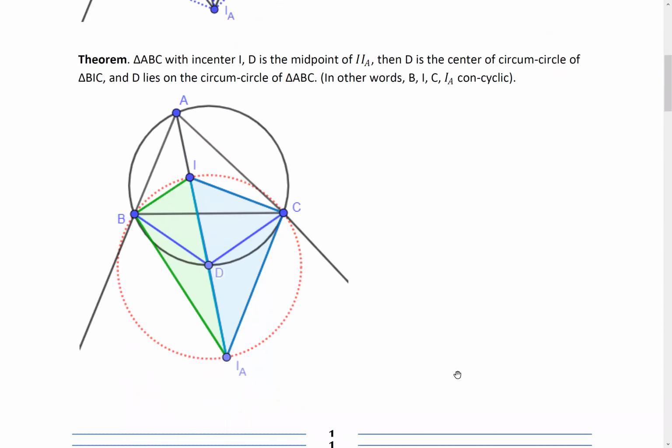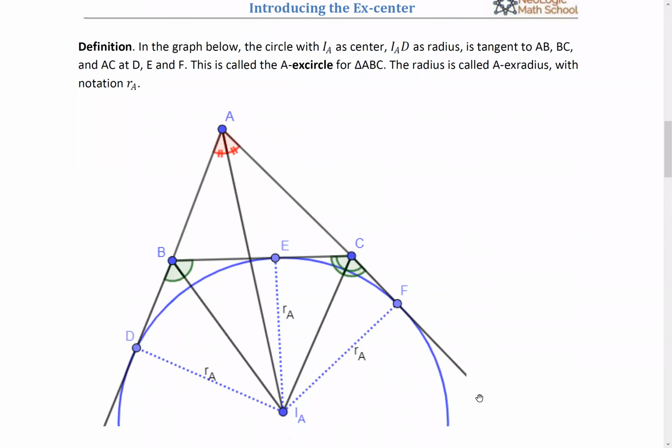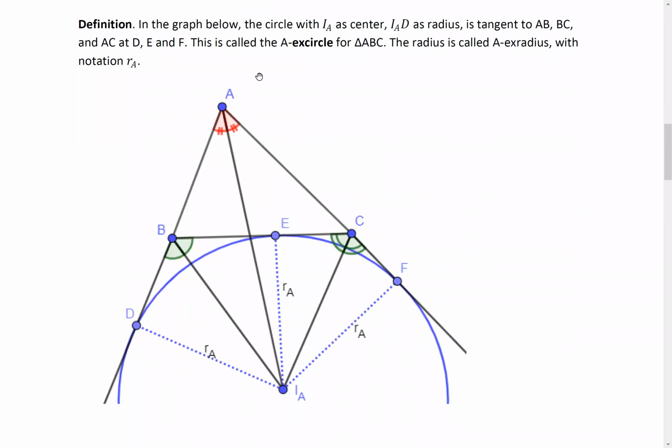Let me show you. It's this one. The graph is getting bigger. So I use IA as center, use this segment as a radius. Let's call that RA, all right? This radius is associated with this excircle facing vertex A. So the notation here has a capital A in there.